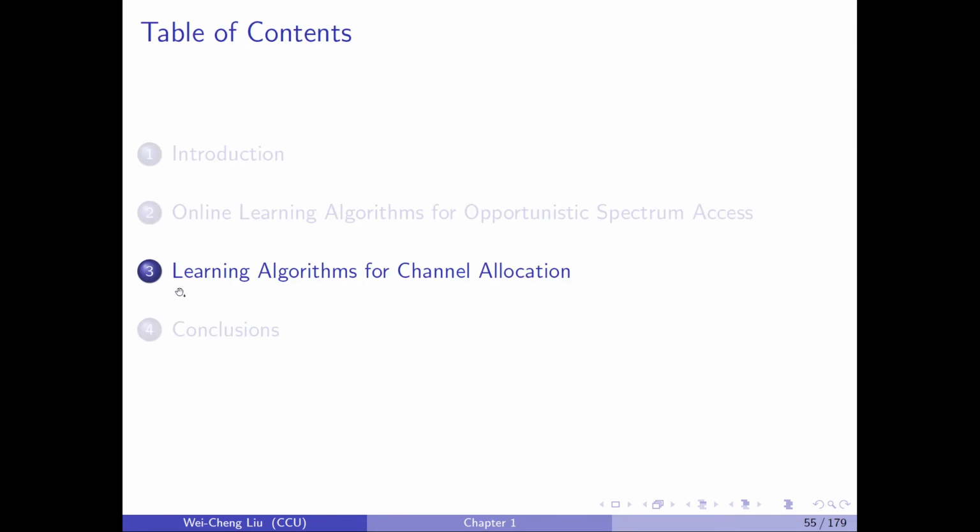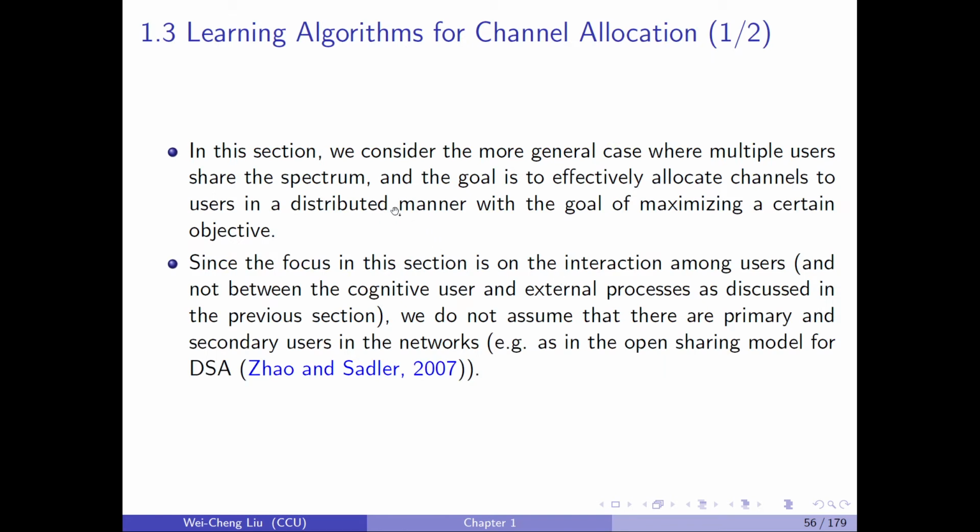Next we will go to section 1.3, learning algorithms for channel allocation. In this section we consider the more general case where multiple users share the spectrum, and the goal is to effectively allocate channels to users in a distributed manner with the goal of maximizing a certain objective.